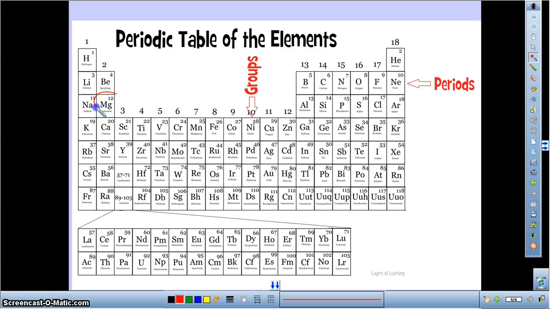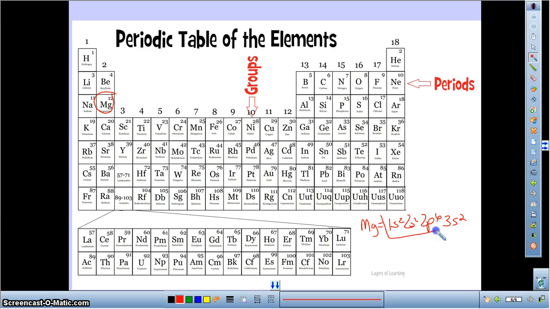Let's say again that we wanted to do the electron configuration of magnesium. Well, we know that neon is the first noble gas before magnesium. So 1s2, 2s2, 2p6. So I could write down magnesium 1s2, 2s2, 2p6, and then we have 3s2.